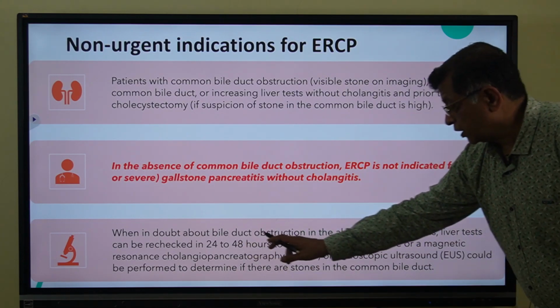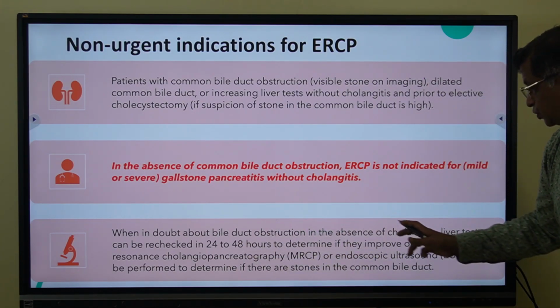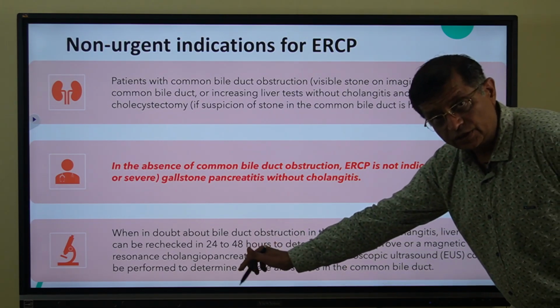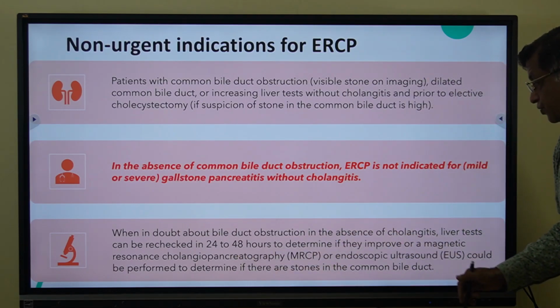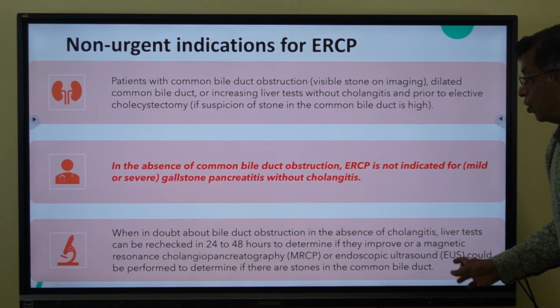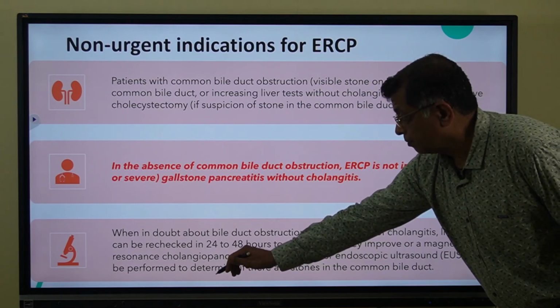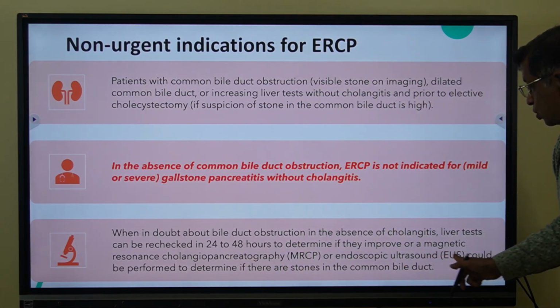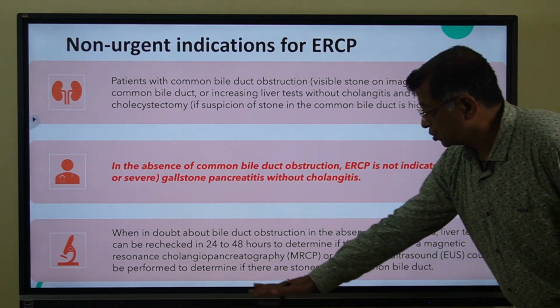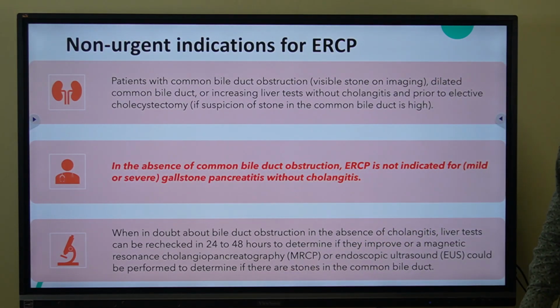When in doubt about bile duct obstruction, in the absence of cholangitis, liver tests can be rechecked 24 to 48 hours after. If they improve, fine, or you can do an MRCP and endoscopic ultrasound to determine whether there are stones in the CBD.